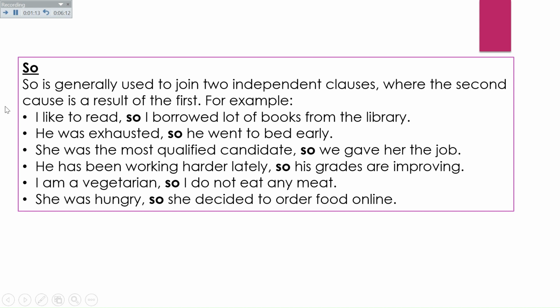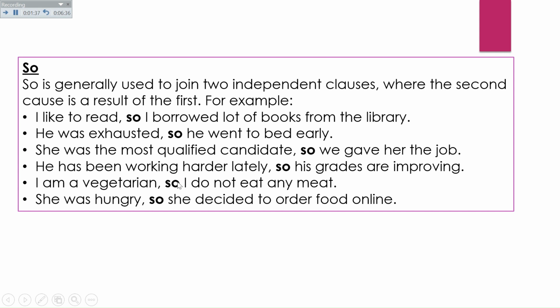So let's go to another example. He has been working harder lately, so his grades are improving. Why are his grades improving? Because he's working harder these days. So since these are two independent clauses, we will use a comma before the coordinator. I'm a vegetarian, so I do not eat any meat. Why don't I eat any meat?